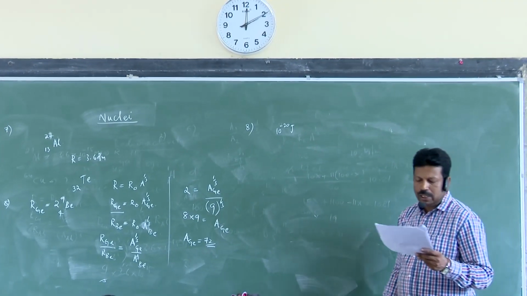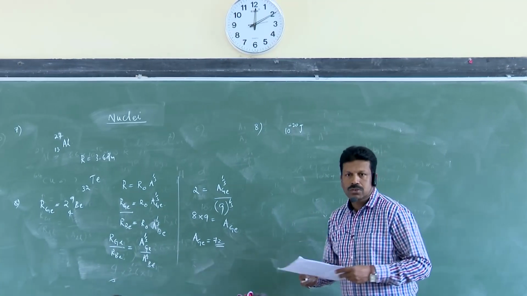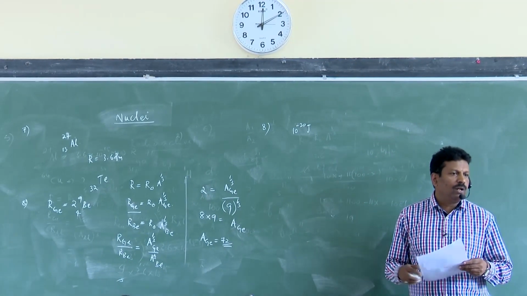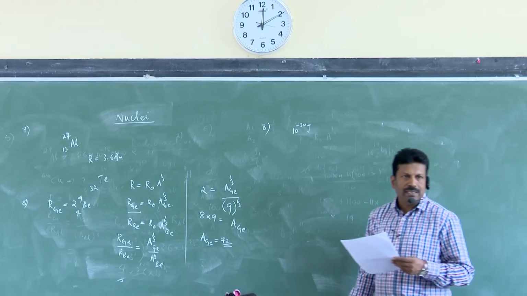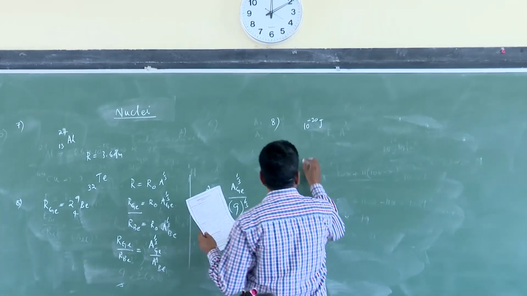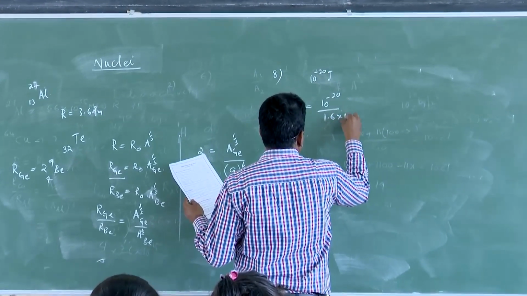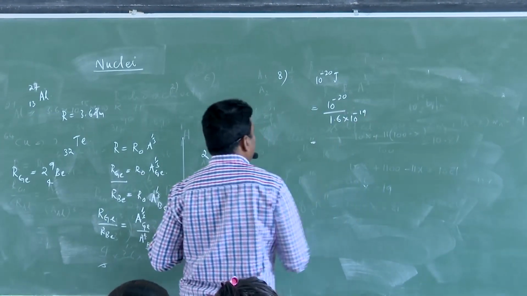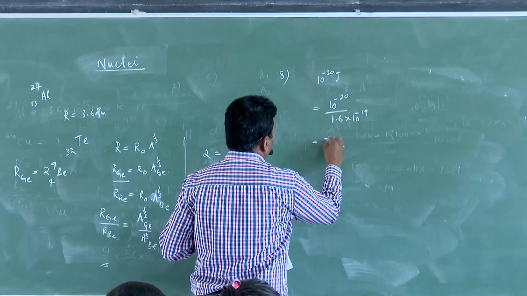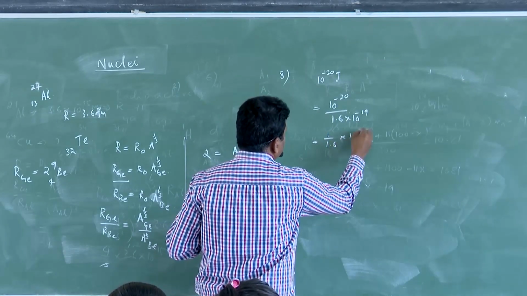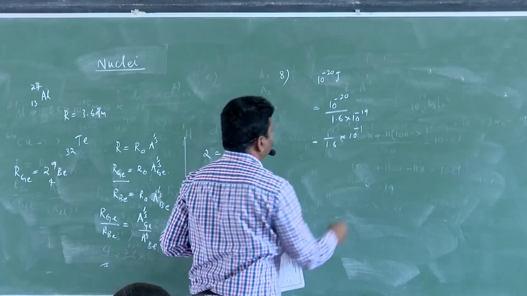The value in electron volts is asked. It is given in joules, so we will have to divide. Electron volt means we have to divide. So in electron volts it is 10 to the power minus 20 divided by 1.6 into 10 to the power minus 19, which is 1 by 1.6 into 10 to the power minus 1.